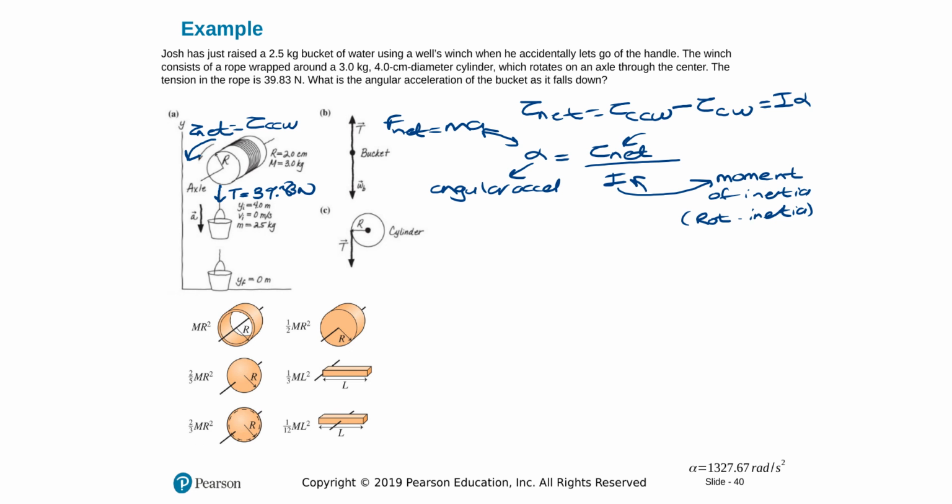What is the angular acceleration of the bucket? As this cylinder rotates, bucket will be going down. It will have an angular acceleration. I could also find the linear acceleration in an equation I gave you before. If after I find alpha, I can easily find a is equal to alpha times R.